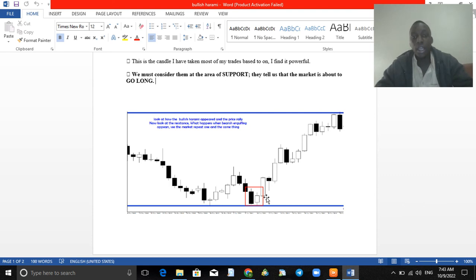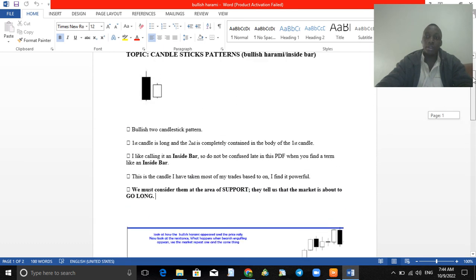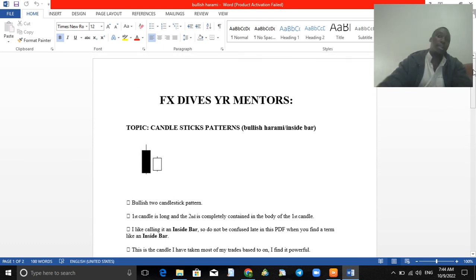For this candlestick pattern to be effective, it must be spotted on a support level. Then you enter with your buy entries and you make all this money. So in today's video we've been trying to explain this candlestick pattern, which is a bullish Harami or inside bar.